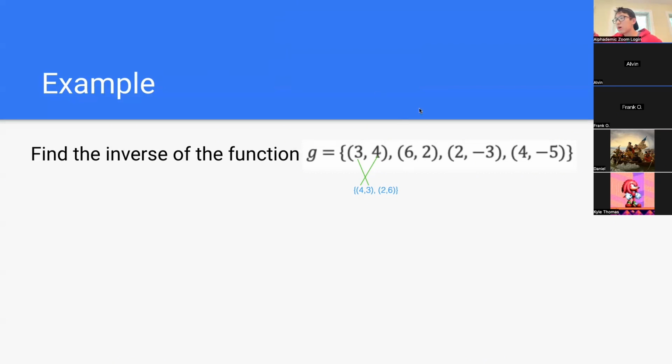Since this one is quick, we'll take like 30 seconds real quick. Tell me what the coordinates would be for the last two coordinates in the inverse function, these two. Type them in the chat box.